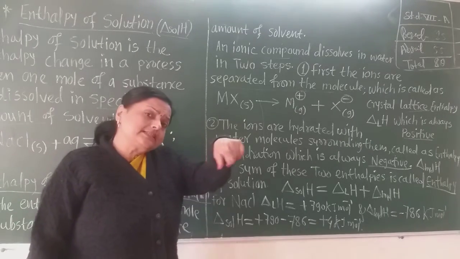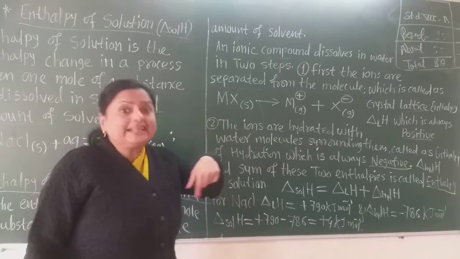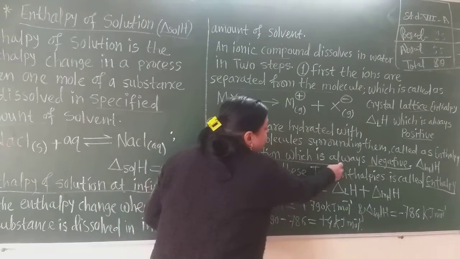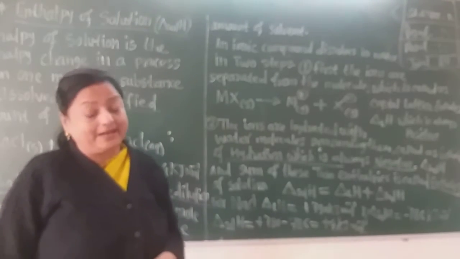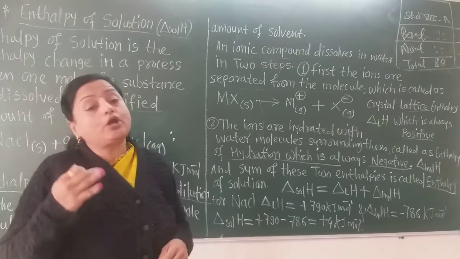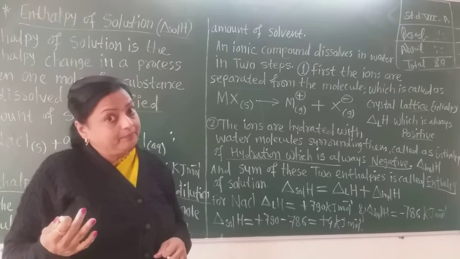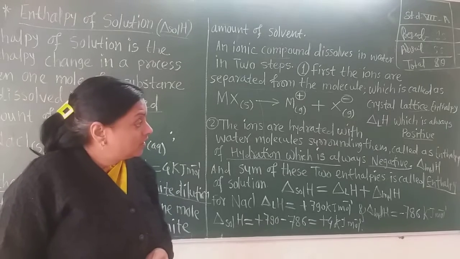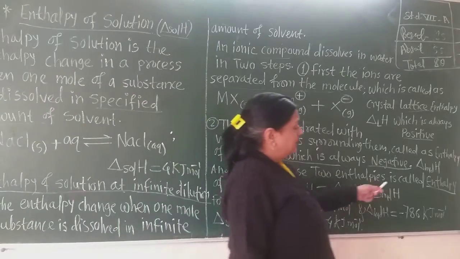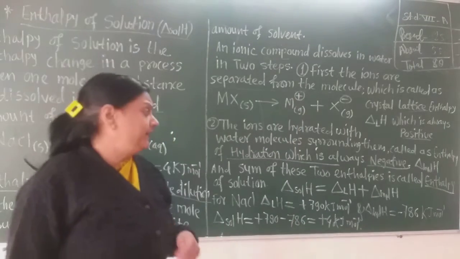When the ions are hydrated by the water molecules surrounding them, that enthalpy is called the enthalpy of hydration, and it is always negative. Remember that the enthalpy of hydration is always negative and the crystal lattice enthalpy is always positive. The enthalpy of hydration is denoted by the symbol delta hydration H, which is always negative.